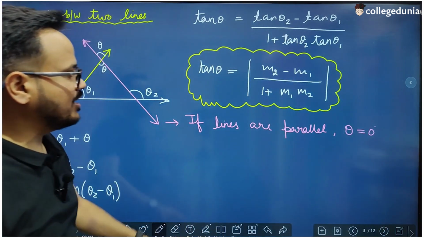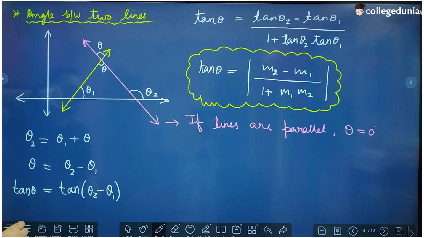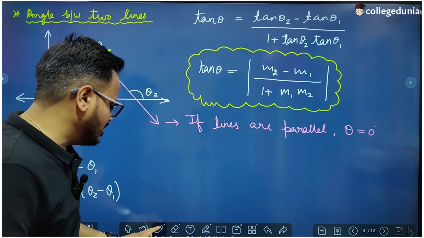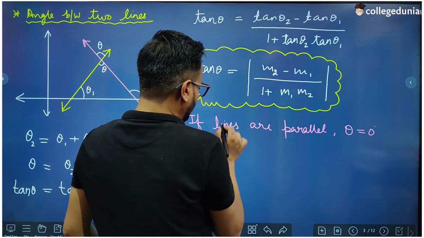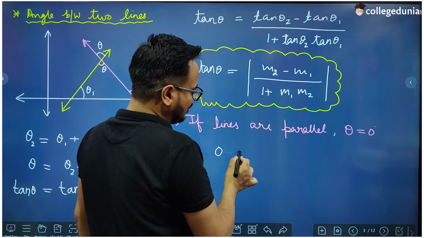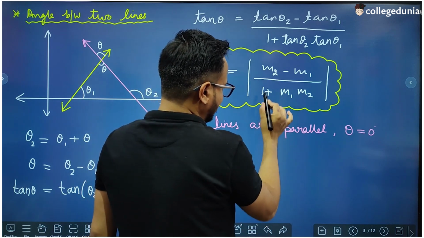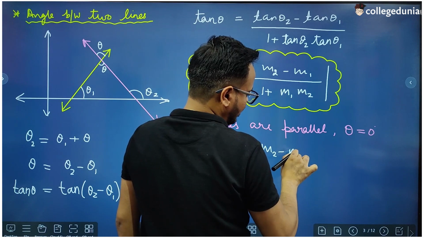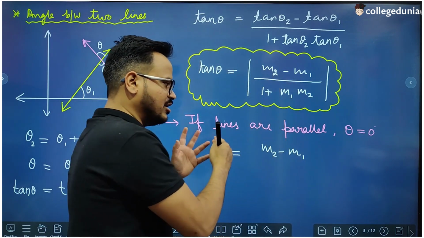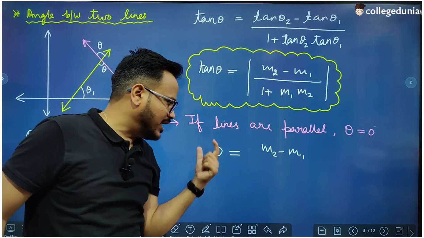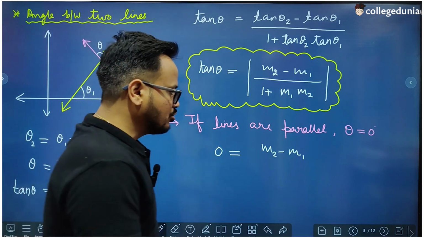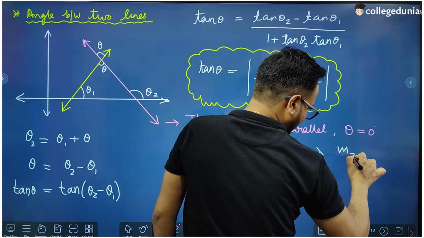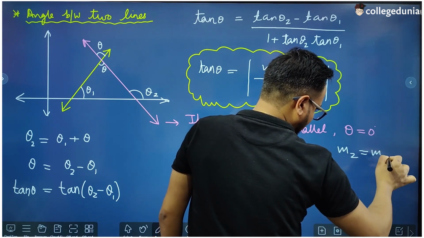So when the lines are parallel, this theta, which is the angle between the two lines, is 0 degree, and tan 0 is 0. So if we put 0 in place of this, then m2 minus m1 divided by this is 0. But when this is multiplied with 0, then everything becomes 0. So we can say that m2 is equal to m1.